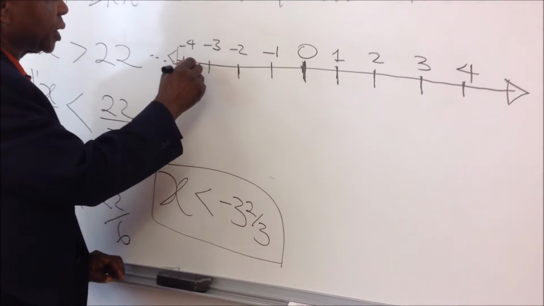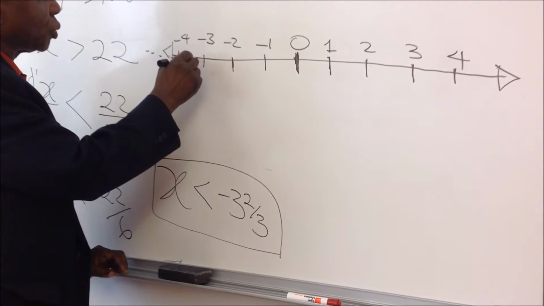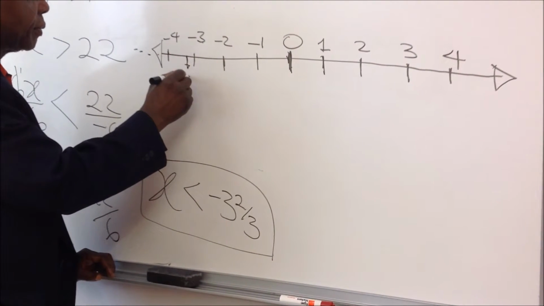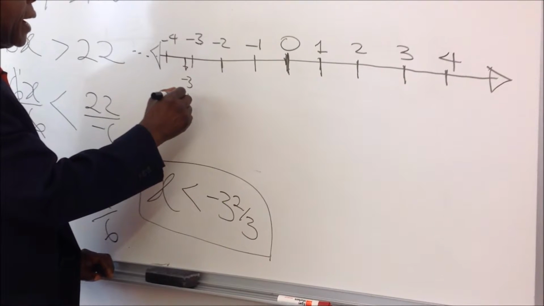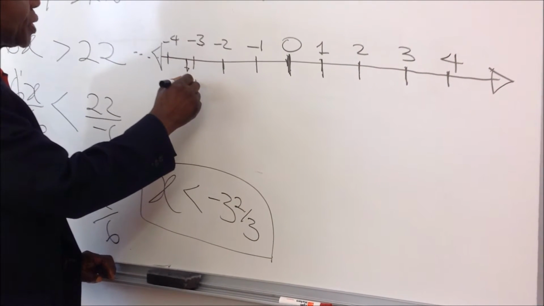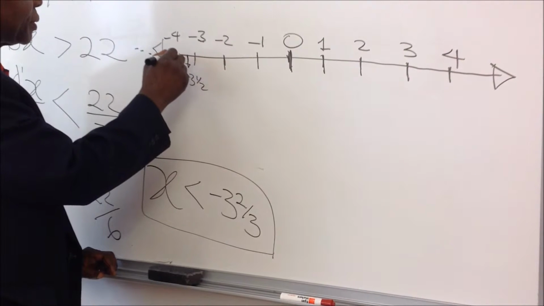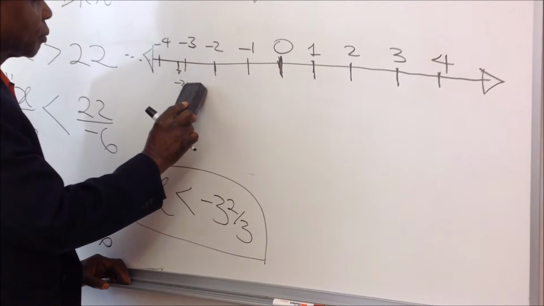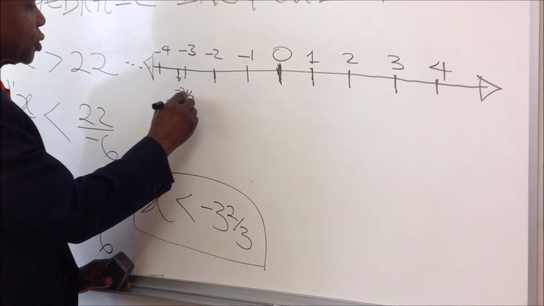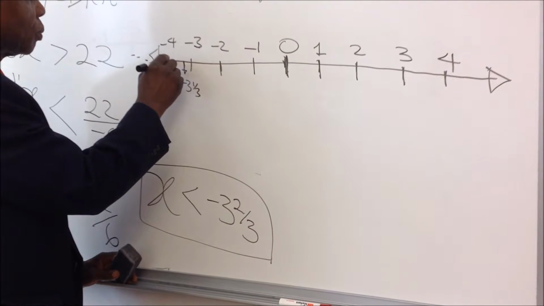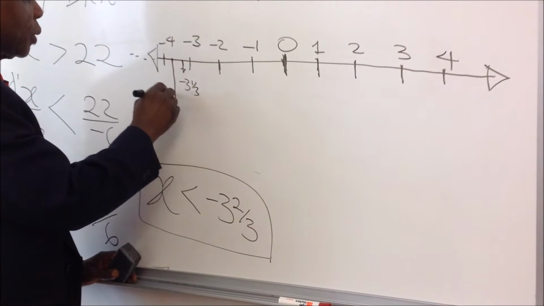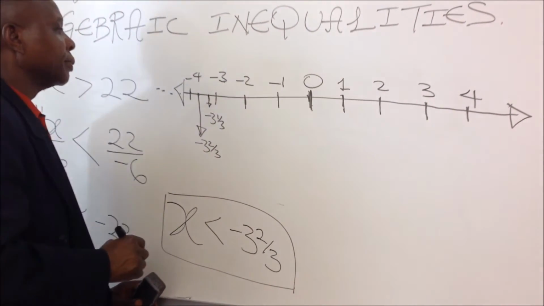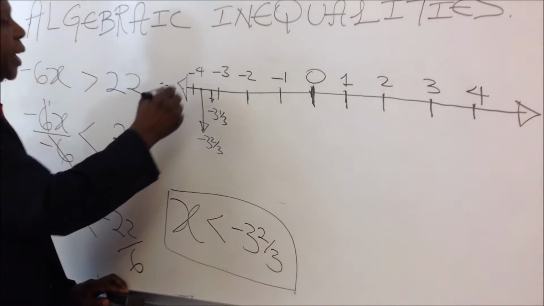And for sure we can note that this quantity here will be negative 3 and 1/3 here. And right here, we will have then the negative 3 and 2/3, which is closer to negative 4.